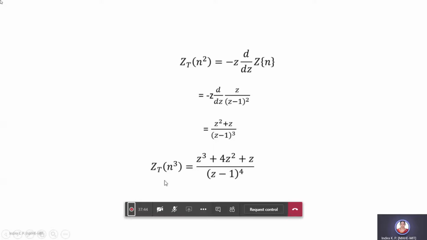Similarly, you can verify that the transform of n cube is z cube plus 4z squared plus z divided by z minus 1 to the power 4. You can just make a note of that.